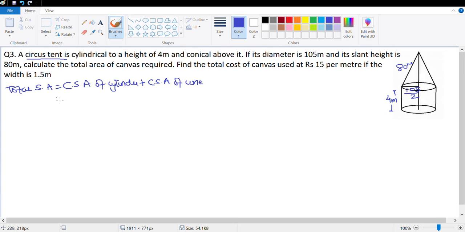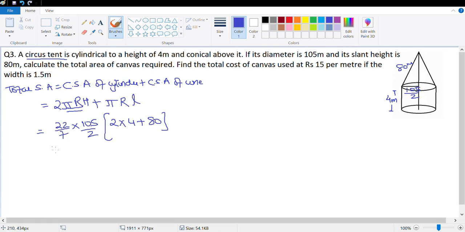Curved surface area of cylinder is given by 2 pi r h, and curved surface area of cone is given by pi r l, since both the r's are equal. Yes, I can take pi and r common. So if I take pi and r common, that's 22 upon 7 multiplied with r, which is 105 upon 2, times 2 into height, which is 4, plus l, that's 80.